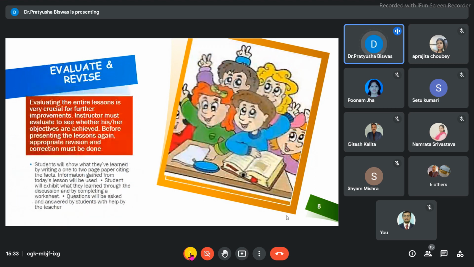Then we have evaluate and revise. Now, evaluate and revise, as teachers, is such a part and parcel of our job. So, evaluating the entire lesson is very crucial for further improvements. And we must always feel that whatever content we are making, it can be better in the next year, even better the next year.